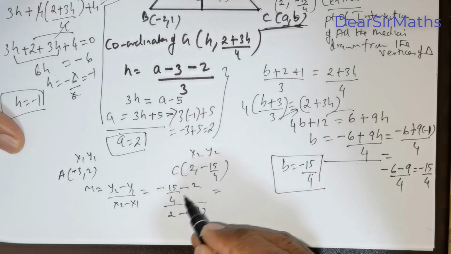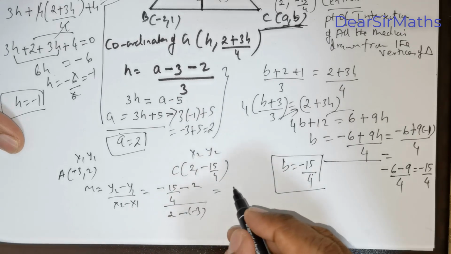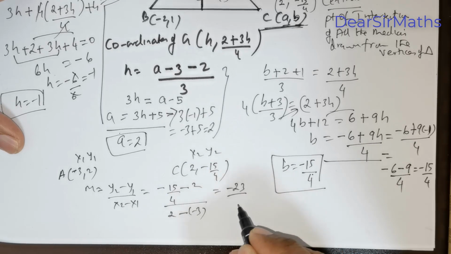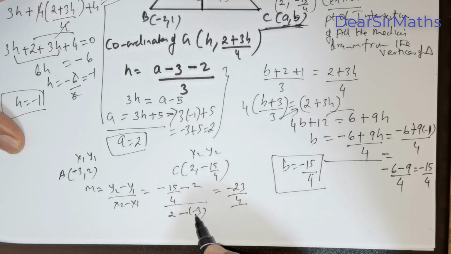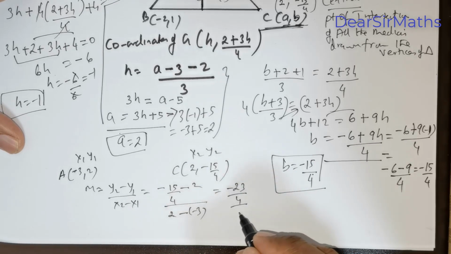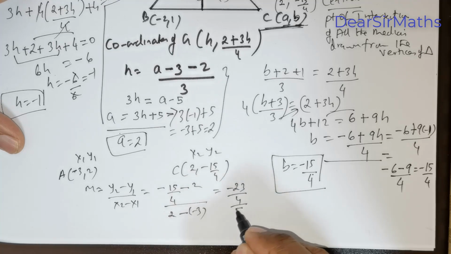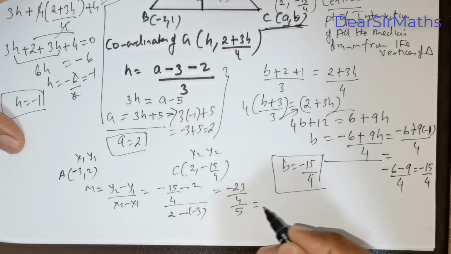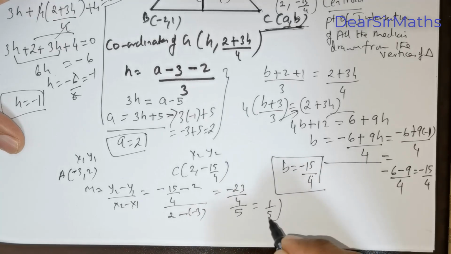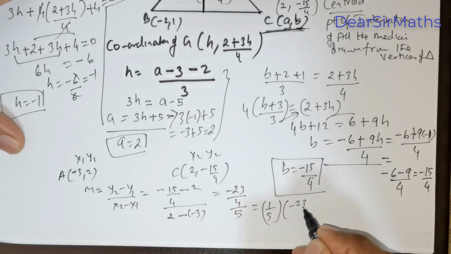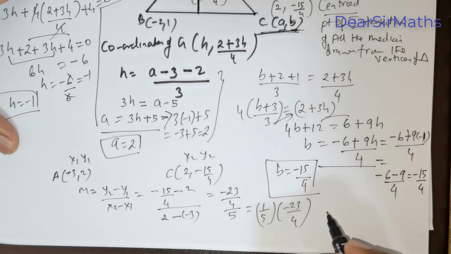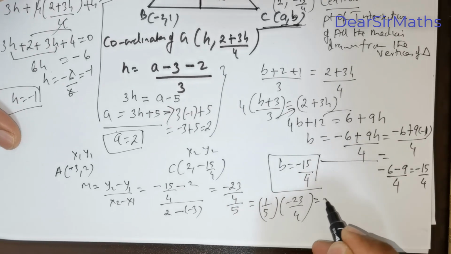So this is going to be 4 times 2 is 8, added with 15 is 23, so -23/4 in the numerator, and 2 added with negative of negative 3 gives 5 in the denominator. If you were to flip it, you get 1/5 times -23/4, which is equal to -23/20.